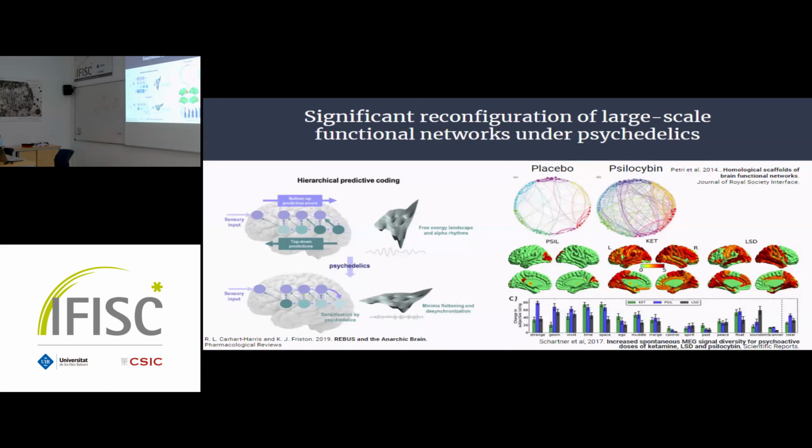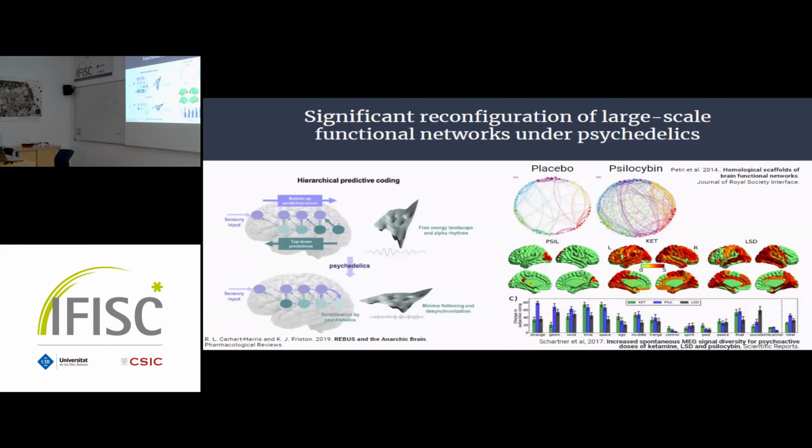And if you look at this, for example, this is a very old work by now, the network of the brain under placebo and the network of the brain under psilocybin. You see that there are many more connections, different colors at different modules, and now there are links going between different modules. So there's some kind of increase of inter-module correlation. And here as well, what they are measuring is entropy rate with Lempel-Ziv complexity in different brain regions with psilocybin, ketamine, and LSD.